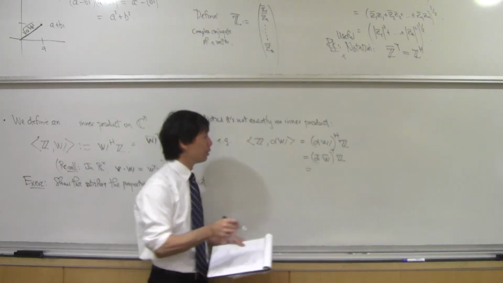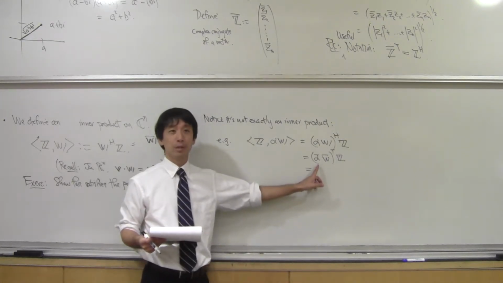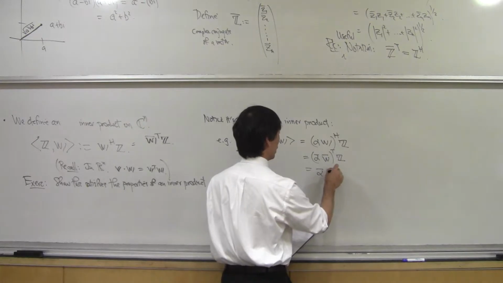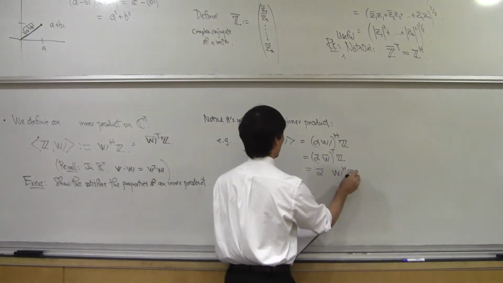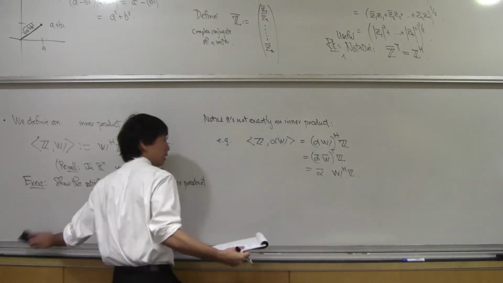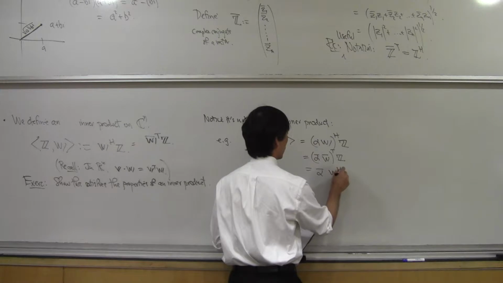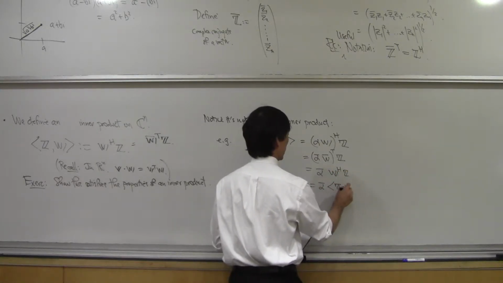But you see the trouble, right? You don't get alpha. You don't pull out an alpha, you pull out an alpha bar, right? So you get alpha bar times the inner product.